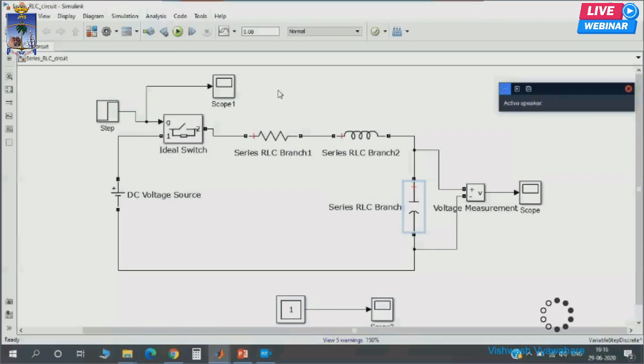First, let's understand the physics. The moment I close the switch at t equal to 0.02, the battery will try to push its current through this series RLC branch. But since this L is there, L opposes sudden change in current, so it will not allow the current to increase instantaneously.